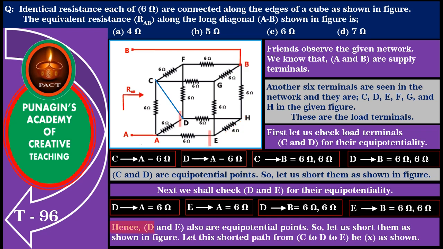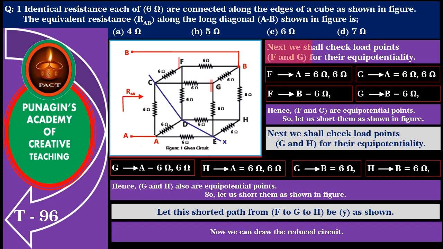Hence, D and E are also equipotential points. So, let us short them as shown in the figure. Let this shorted path from C to D to E be X as shown in the figure.